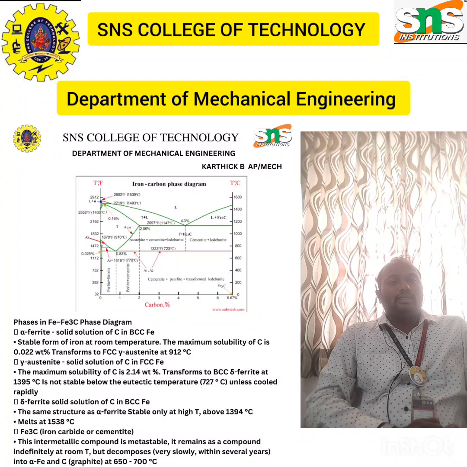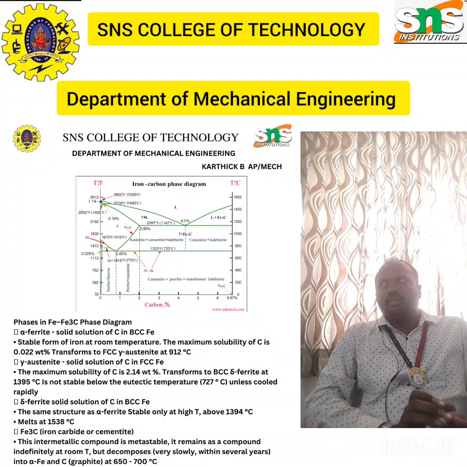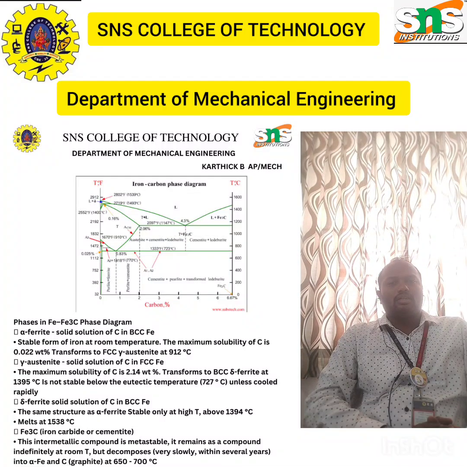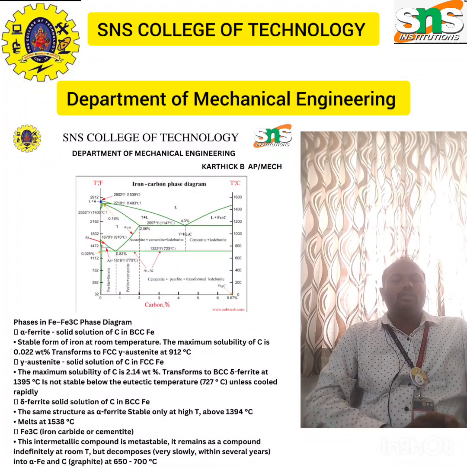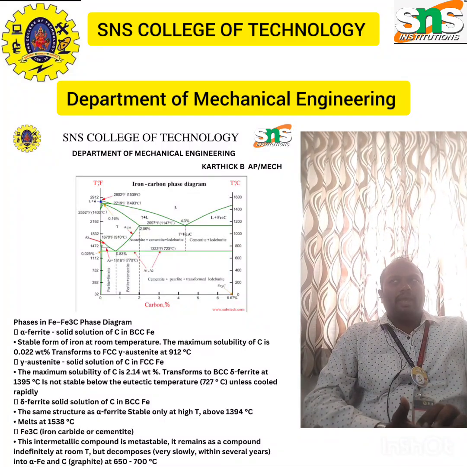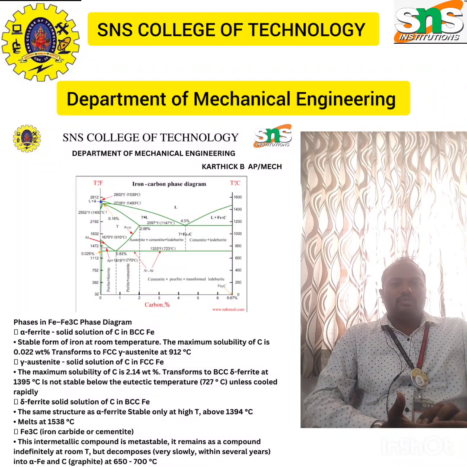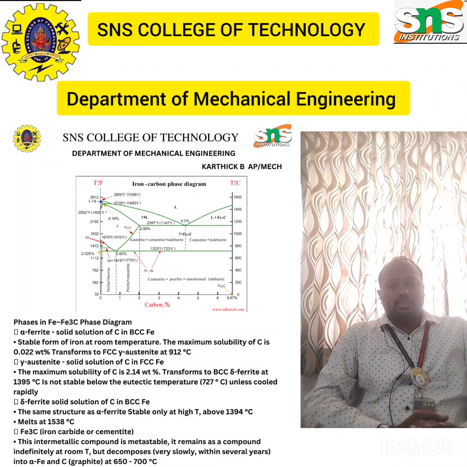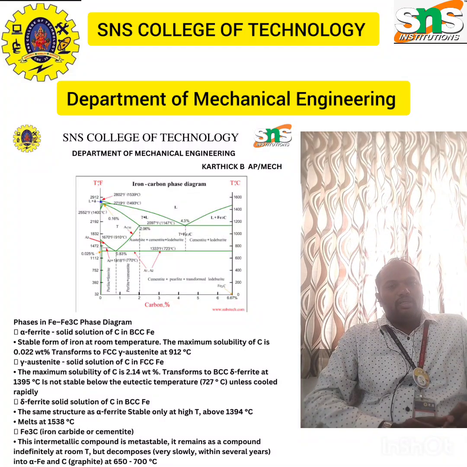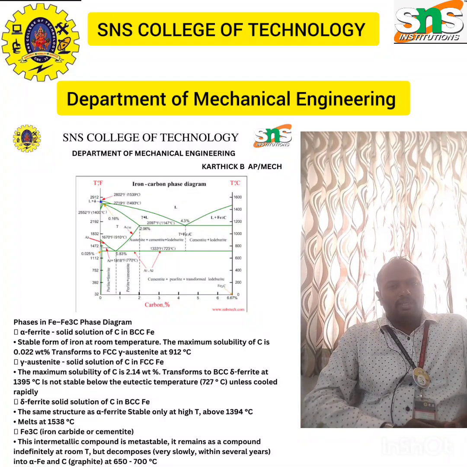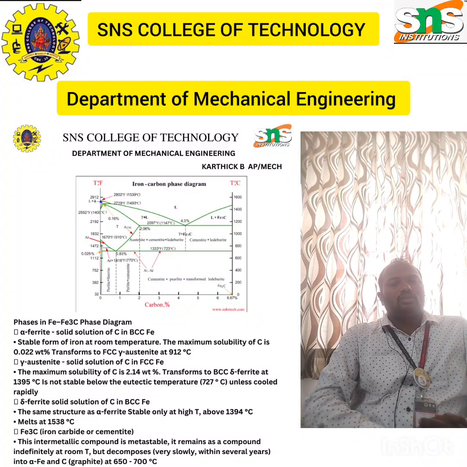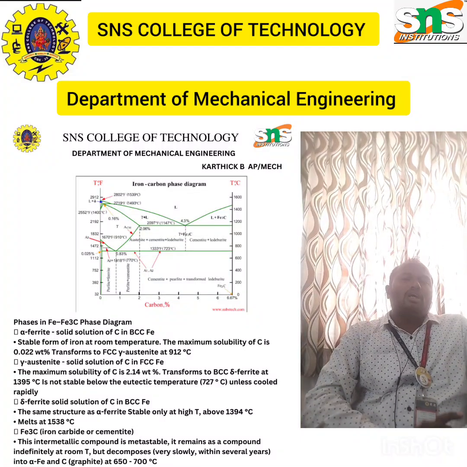The second phase is austenite. Austenite is an interstitial solid solution, as I already said, where carbon, which has an atomic radius of 0.56 Angstrom, is placed in between the iron atoms, which have an atomic radius of 1.56 Angstrom.